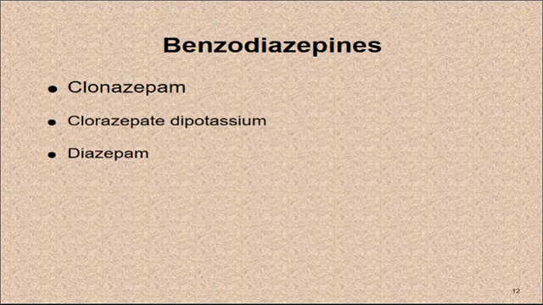I'm saying the names to help you see the azepam in the name of benzodiazepines, to help you key in. These are three of the benzodiazepines for you to be familiar with.